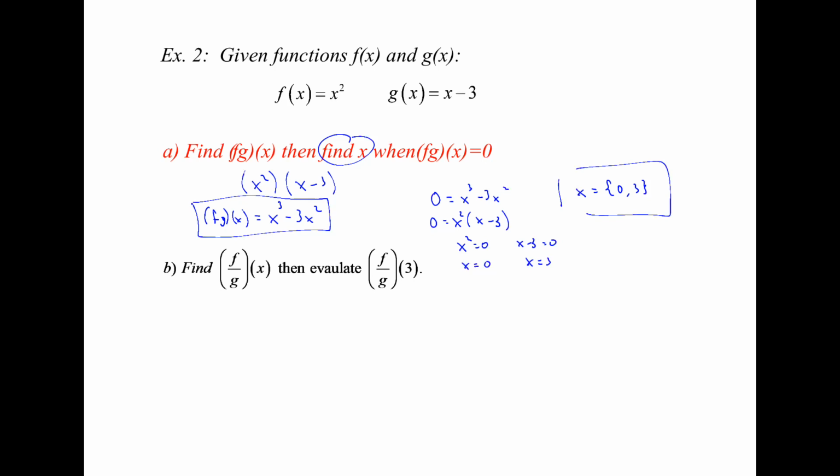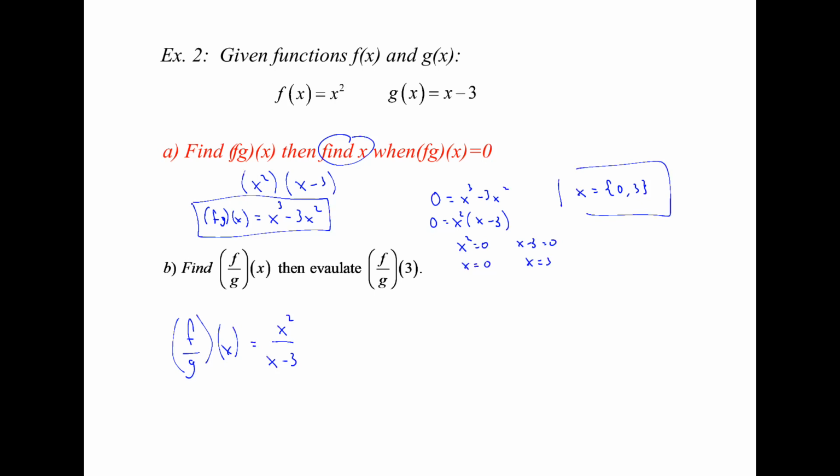The next one is the quotient. It just wants us to find the quotient and then evaluate when x is 3. So we will do f divided by g of x is equal to, so f of x is x squared, g of x is x minus 3. Well, the question really is, can I do anything with this?